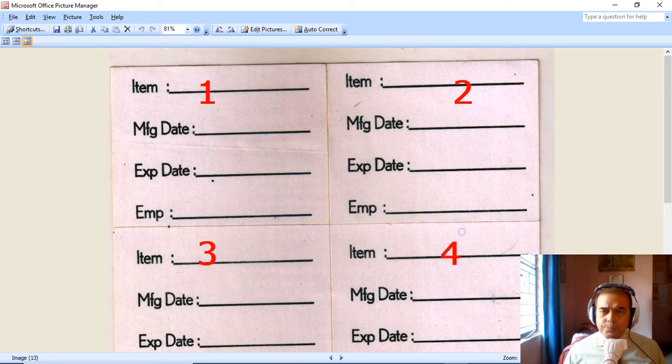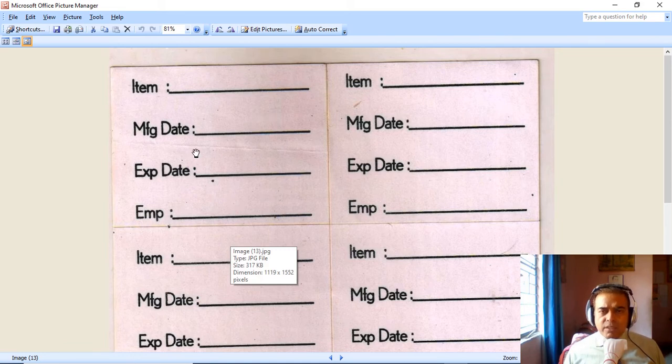So now we need to understand what these stickers are and how we can learn about inventory control with the help of these stickers. The first entry, if you notice, is item. So naturally this is the product that this sticker would be pasted on.